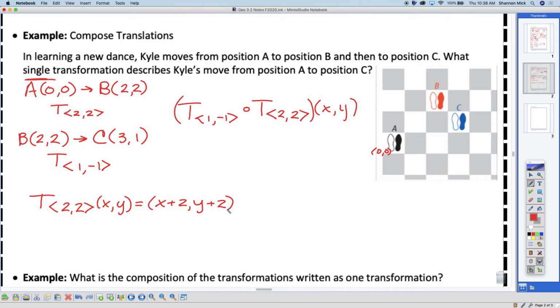Whatever x and y is, I would add 2, 2. Then I have to do this too on my answer. So then I have T of 1, negative 1 on my answer. What's my answer? x plus 2, comma, y plus 2. So what does this tell me I'm doing with my x's? Adding 1. So what's 2 plus 1? 3.